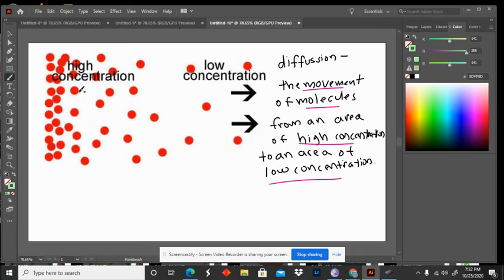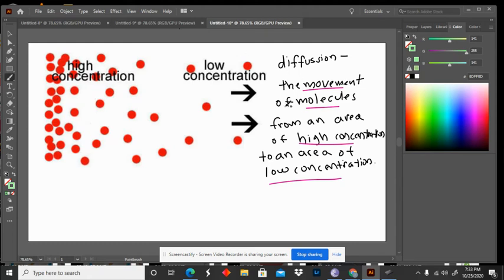And you can tell right here, all of these oxygen molecules, these circles, are highly concentrated. They're very close to each other. If we have low concentration, that means the molecules are more spread out, and there's also less of them. So low concentration, the molecules are spread out, not a lot of them. High concentration, they're very close to each other, and there is a lot of them.